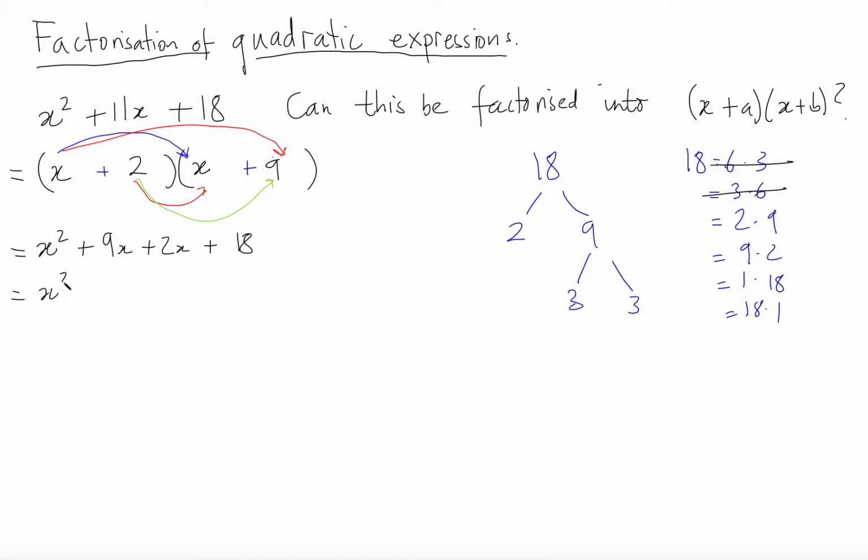Combine the terms and I get x squared plus 11x plus 18, which is what I wanted. So we have factorized x squared plus 11x plus 18 into (x plus 2)(x plus 9). Brilliant.